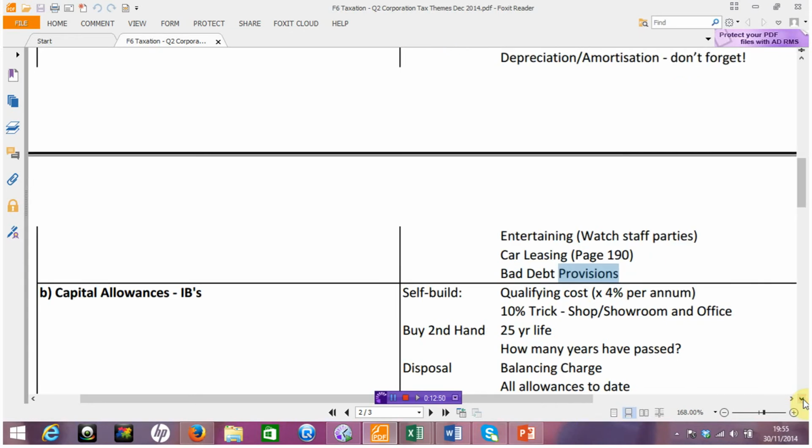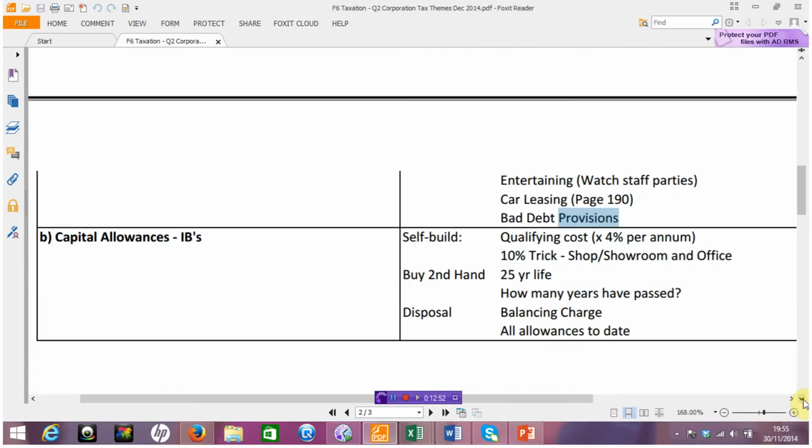Now next point is this capital allowances area, and just bear in mind what I said on the intro here. I'm focusing in on industrial buildings because that's what tends to come up, obviously along with your standard wear and tear allowance, equipment and fixtures, etc. But I'm focusing here on industrial buildings, and I've given really sort of 3 main areas or 3 main ways that the examiner can come at it.